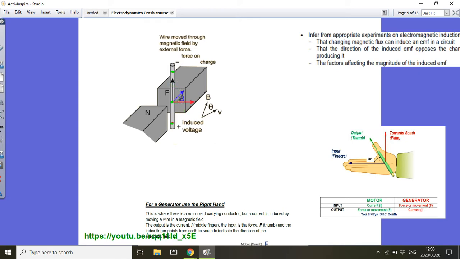So I'm going to just write over these. We are going to move the wire in this direction. But now what's going to happen is this little electron here is going to experience a force. And we call that force an electromotive force. And you've seen this before. The EMF is also called the potential difference or voltage.